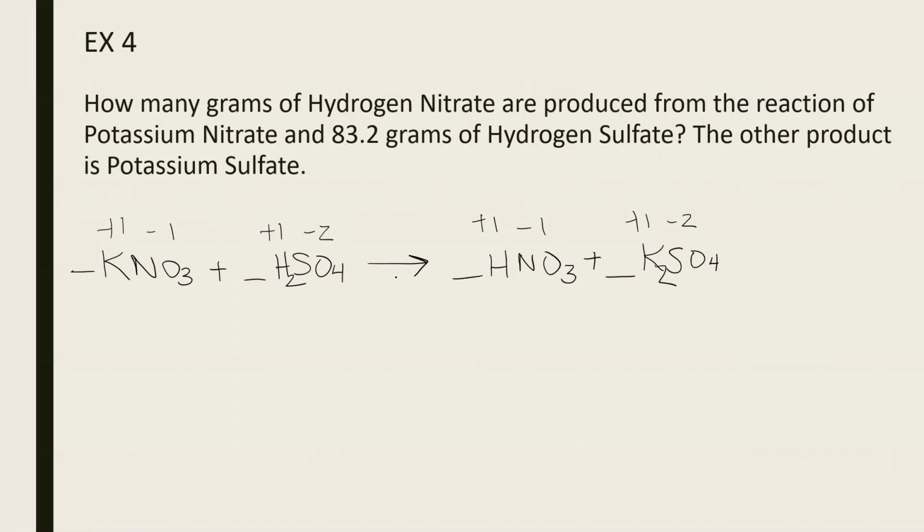Okay, so now you can balance. You can separate everything out, K, N, O, H, S, or you can leave your radicals whole. And if you like to, you can always put parentheses around your radicals to make them stick out to you. I'm going to leave the radicals whole.